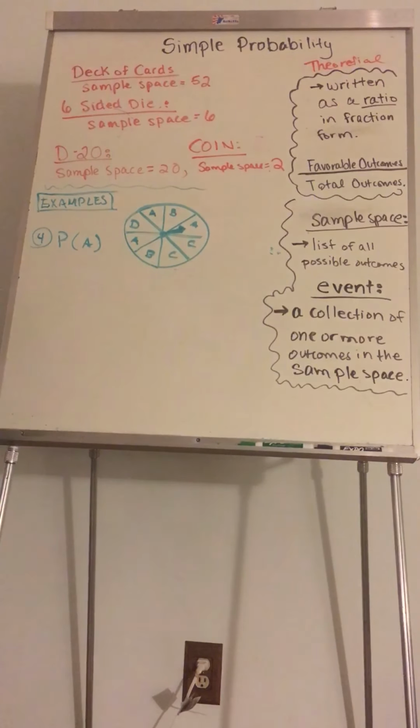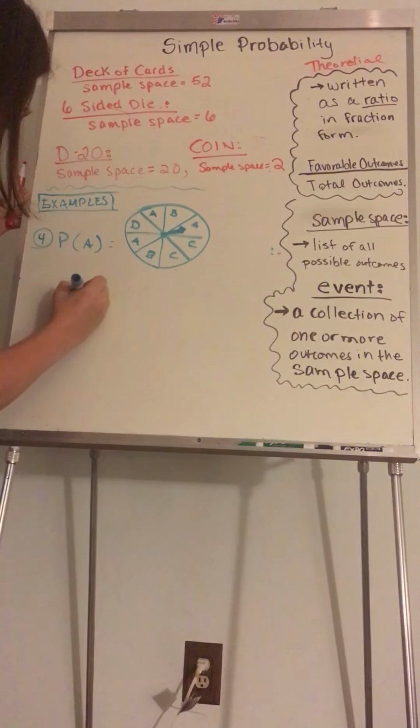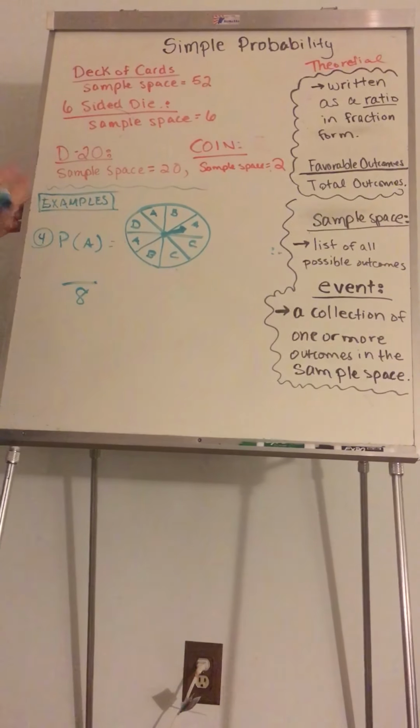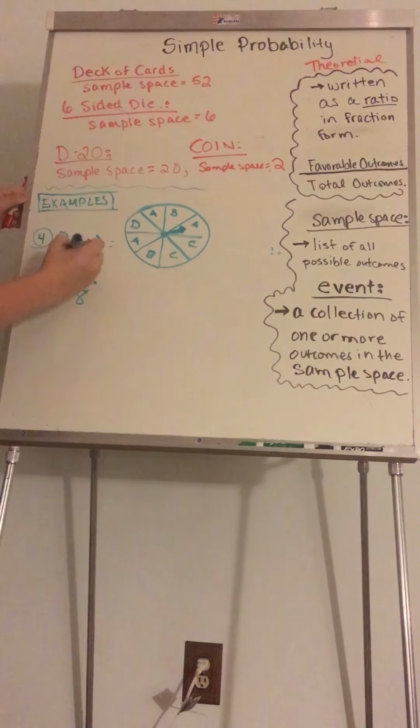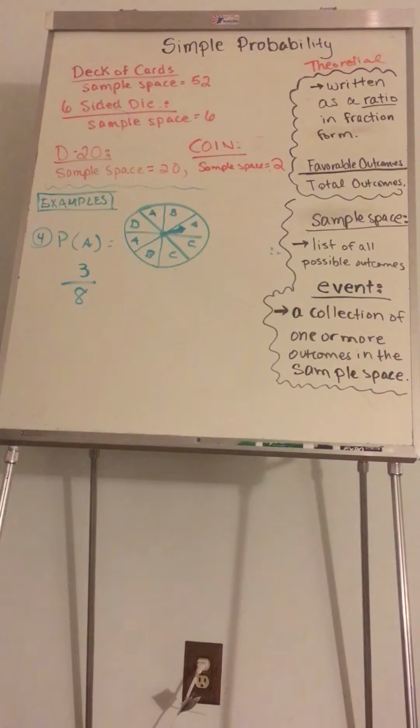Well, what we have to do is, for the probability of A, count how many A's there are here and how many total possibilities there are. If we count possibilities, there's 1, 2, 3, 4, 5, 6, 7, 8. So it's going to be out of 8. We know that. Okay. And how many A's are there? There are 1, 2, 3. So the probability of spinning an A is 3 over 8.